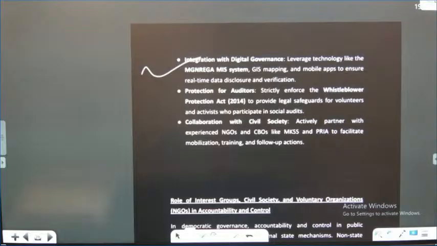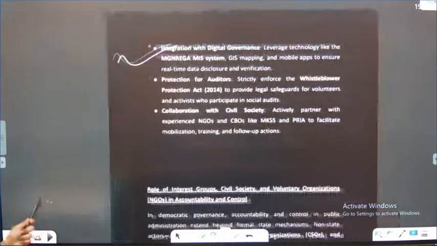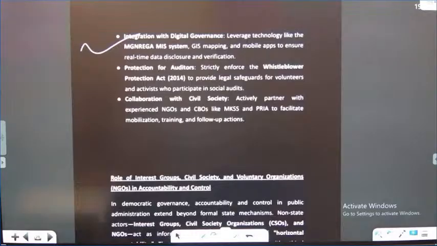So integration of digital governance makes social audit easier. For example, all government documents can be applied for online. They can send them to you online, so that it reduces the time to arrange the documents, read them, and see whatever is being done.